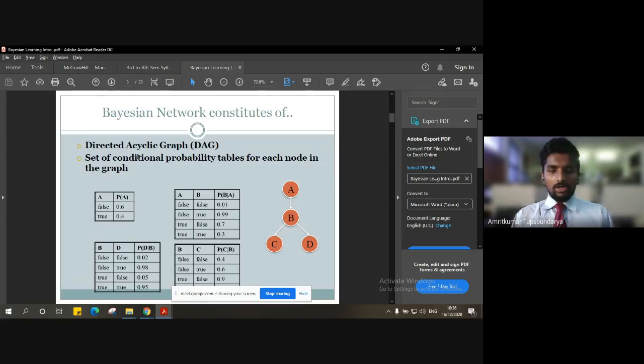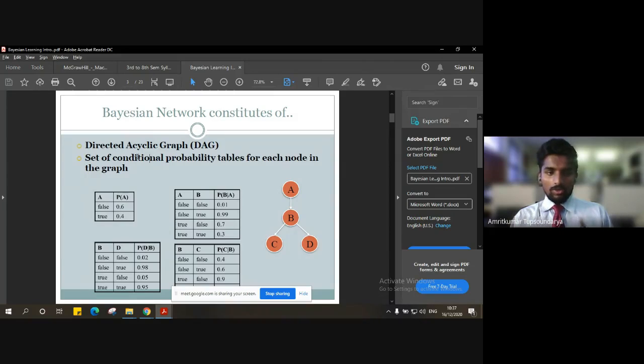So that means in the Bayesian network, all the nodes will have some direction pointing to some other nodes, unless it is a leaf node. And acyclic means, of course, there will be no node which can form a cycle. Say we have three nodes, node 1 pointing to node 2, node 2 pointing to node 3.